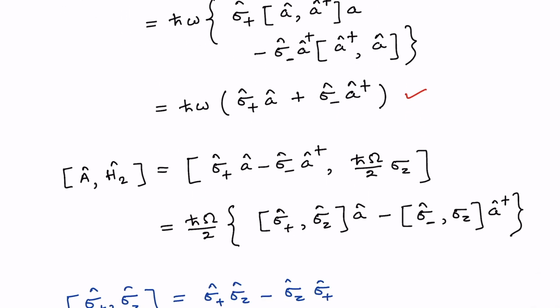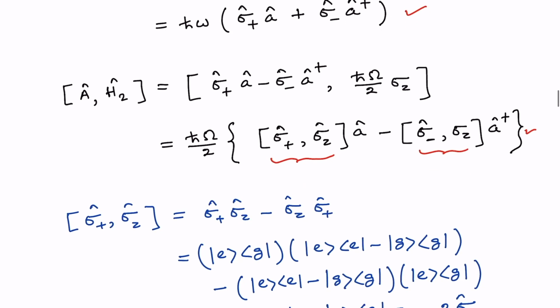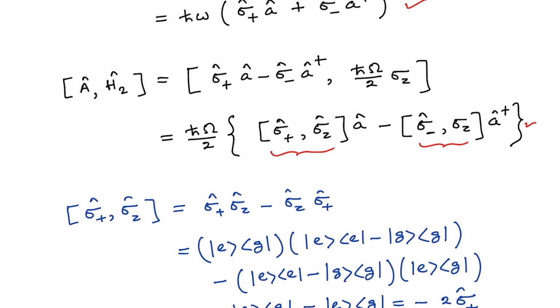Then for A and H2, again you are going to get this expression here, but now I have to find the commutation between sigma plus and sigma z, and sigma minus and sigma z. Sigma plus is the atomic raising operator, that is ket e bra g.